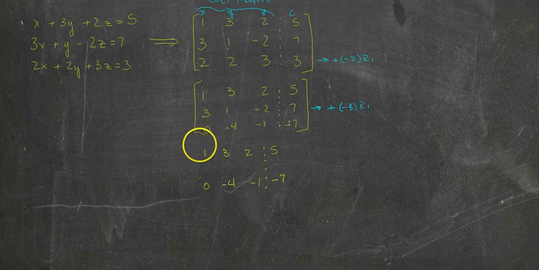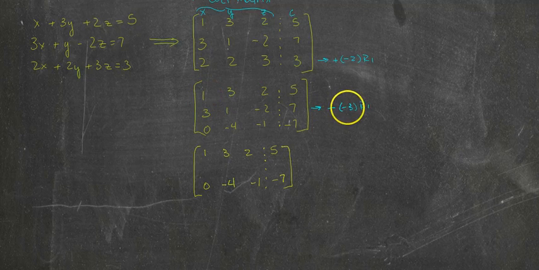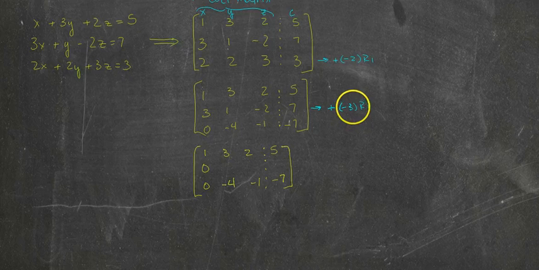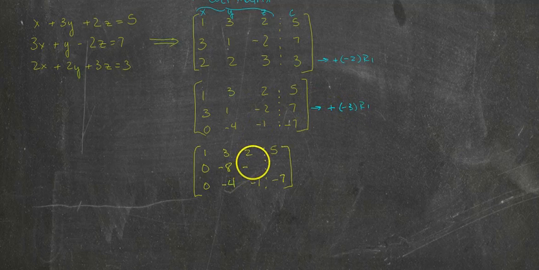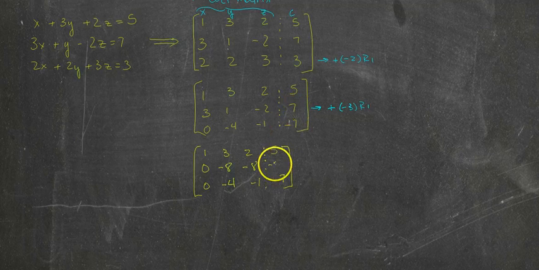Okay, so now let's put in the values for the middle row. 1 times -3 is -3 plus 3 is 0. 3 times -3, -9 plus 1, -8. 2 times -3, -6 minus 2, -8. 5 times -3, -15 plus 7, -8.